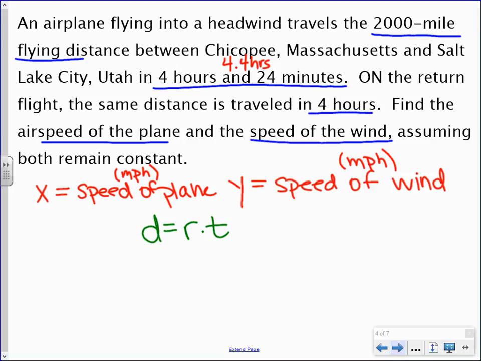All right, so let's talk about the trip there. What's the distance to get there? 2,000 miles. What's the time it takes to get there? 4.4 hours. What's the rate at which the plane is really traveling?